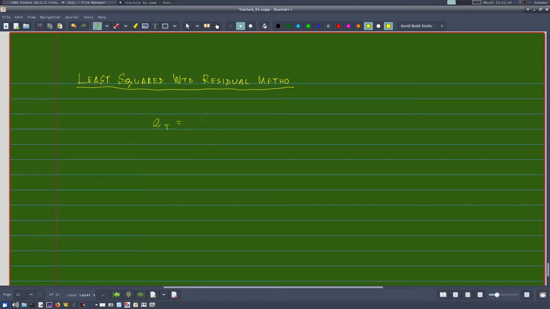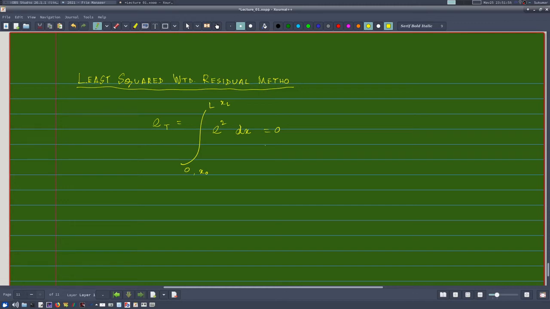E total is taken as the integration of E square dx equal to 0 over the solution domain. If it is from 0 to L, I can write the integral from 0 to L, or if it is from x naught to xL, I can write in the same manner accordingly.